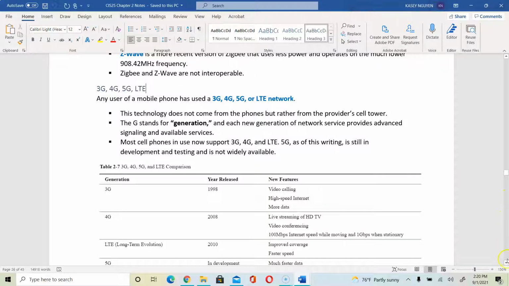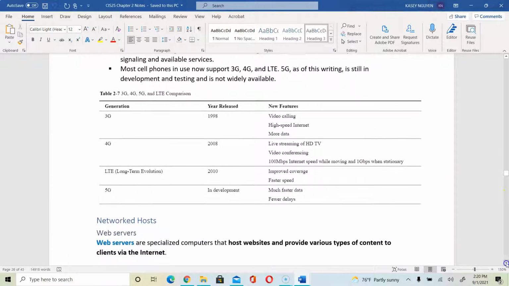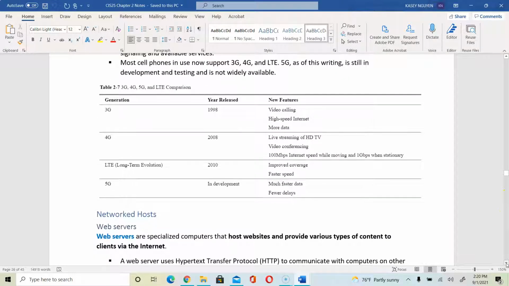So when you look at the table that's provided, 2.7 here, you would see the comparison and the year it was released. So for the 3G, that was used for video calling, high-speed internet, and data transmission. 4G is used for live streaming, like watching TV on your mobile device, video conferencing, and improving with the speed.